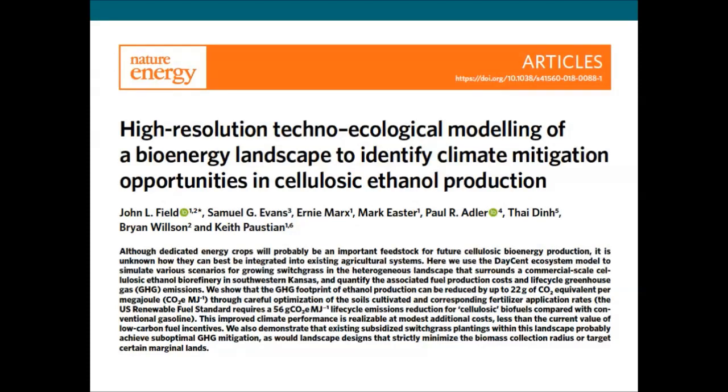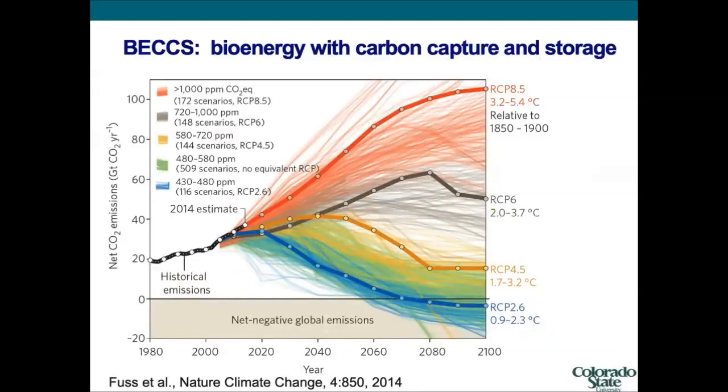There's also this idea of what's called BECCS, bioenergy with carbon capture and storage. The basic concept here is that you grow a bioenergy crop, you take some of it and make biofuels from it, and the rest of it you sequester as carbon, say as biochar, and then it's locked away.